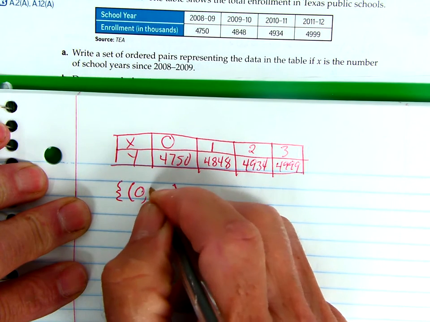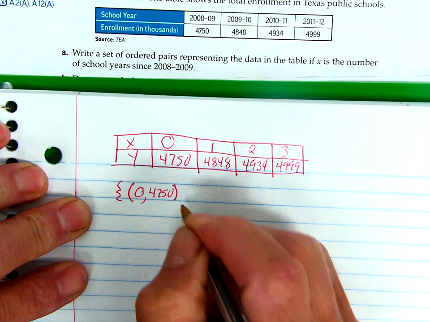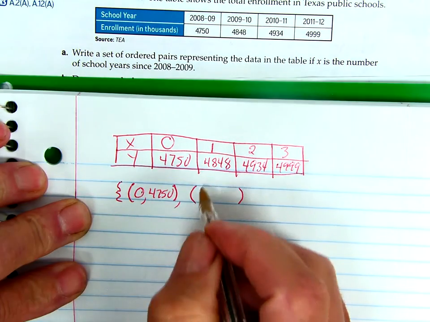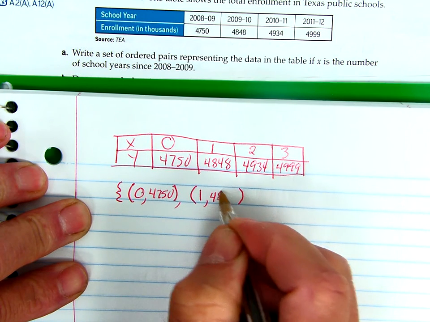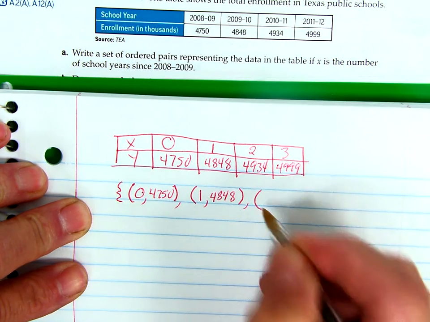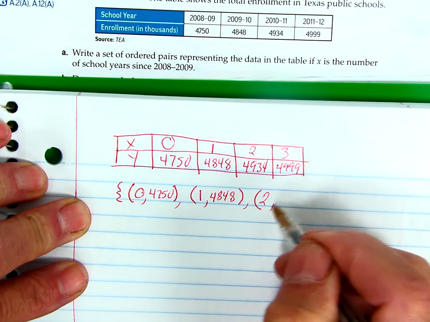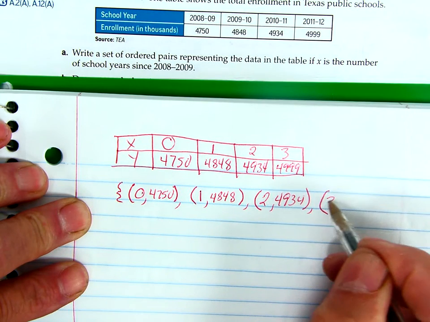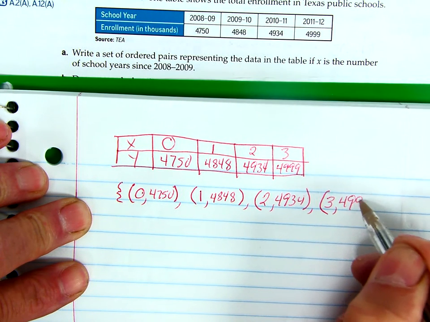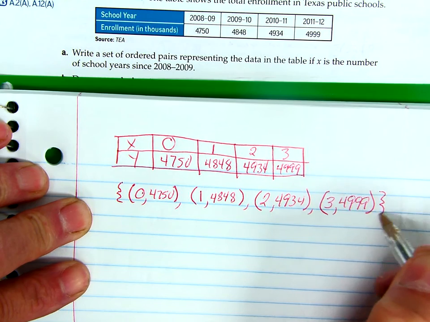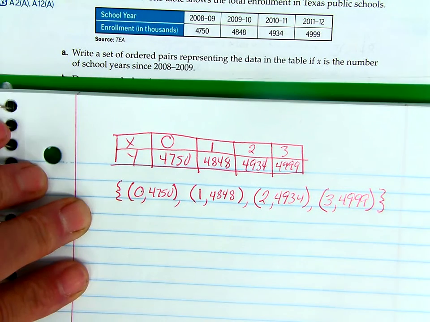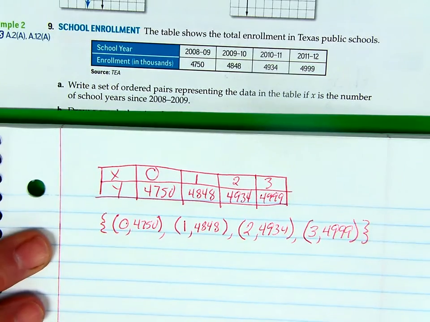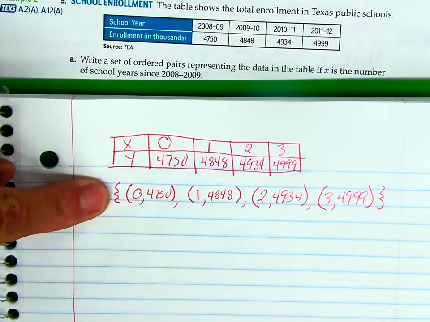X is 0, Y is 4,750. 1, 4,848. 2, 4,934. 3, 4,999. Close the set. So if I gave you exercise number 9 to do, this is what part A would look like right here.